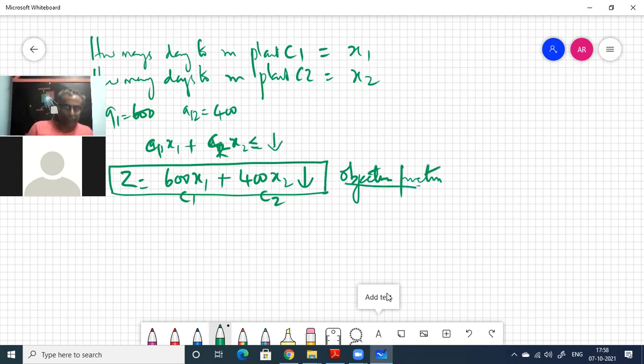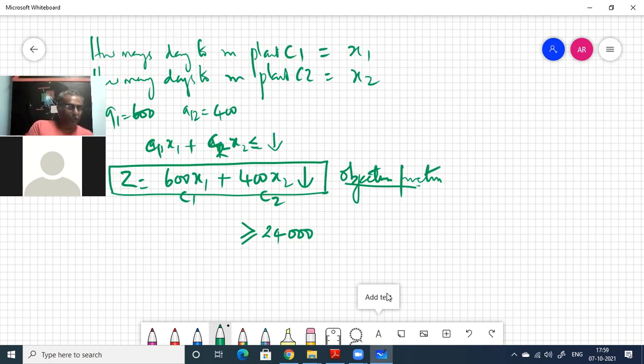Now what about the constraints? You must minimize the cost of operating in such a way that the demand is met. What is the demand? That is very important. You must at least produce 24,000 S1.